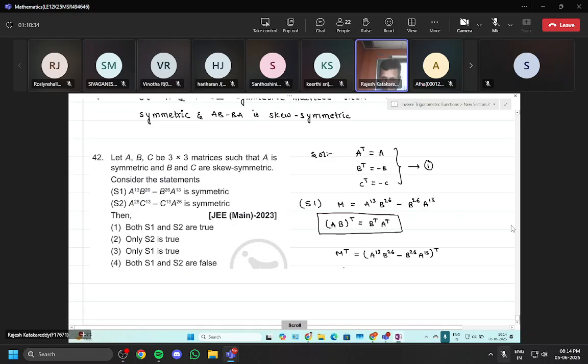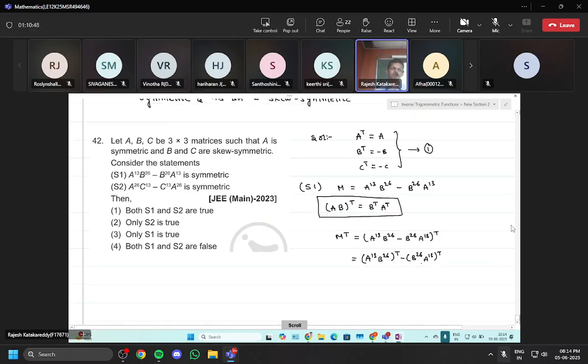So now this will be equal to A power 13, B power 26 whole transpose minus B power 26, A power 13 whole transpose. Now, if I have two matrices in multiplication, when I am applying the transpose, the order of the matrices we need to interchange.